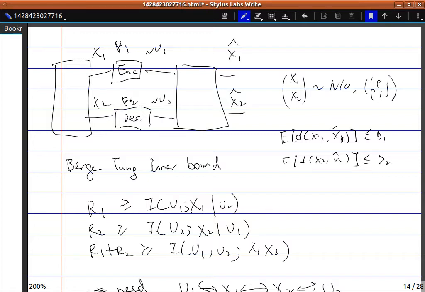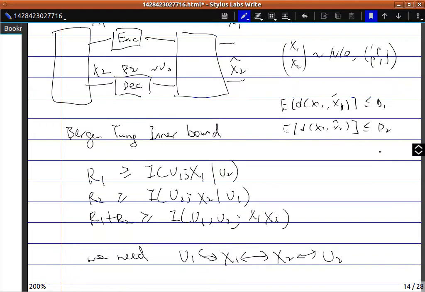And we say the rate pair is achievable if we can find an encoder and decoder pair such that these distortions are satisfied.